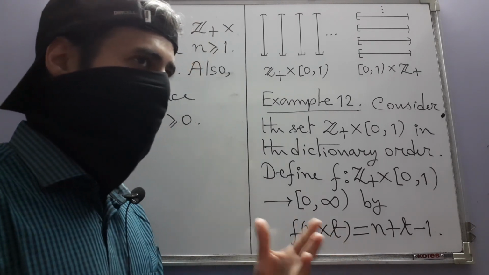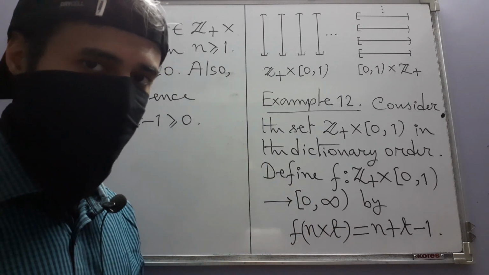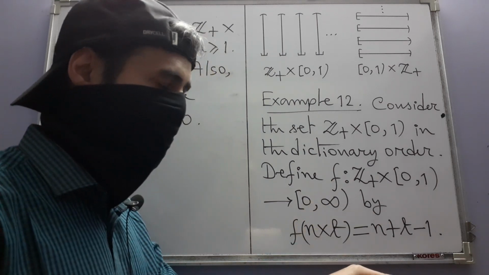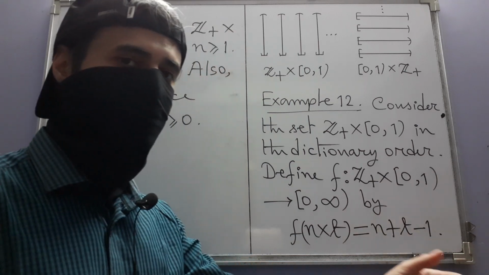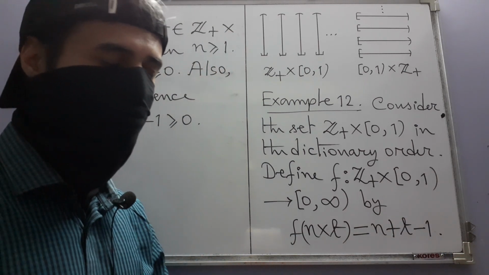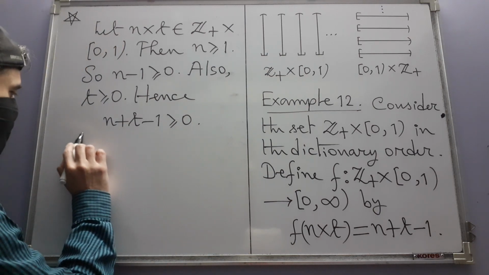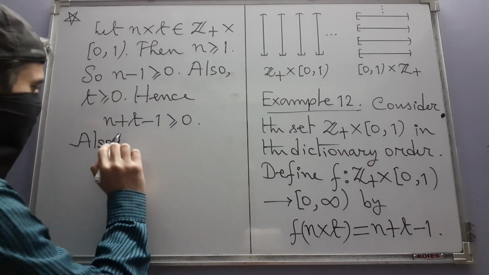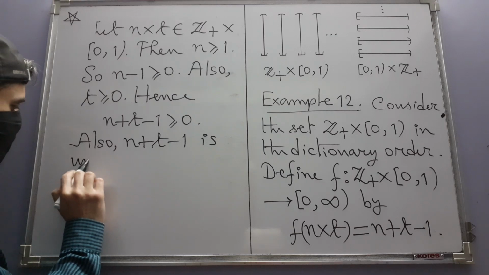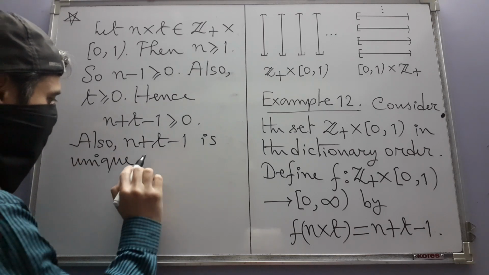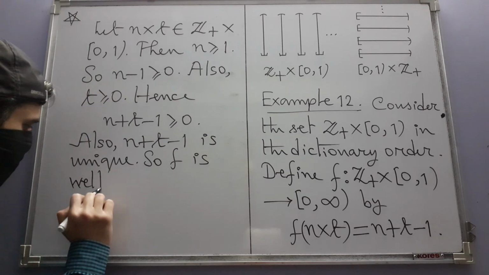Now, equality of ordered pairs is defined in terms of equality of corresponding components. So n1 will be equal to n2 and t1 will be equal to t2. So, obviously, n1 plus t1 minus 1 will be equal to n2 plus t2 minus 1. We are not going to write all these things because it's very easy. Also, we simply write n plus t minus 1 is unique. So f is well defined.